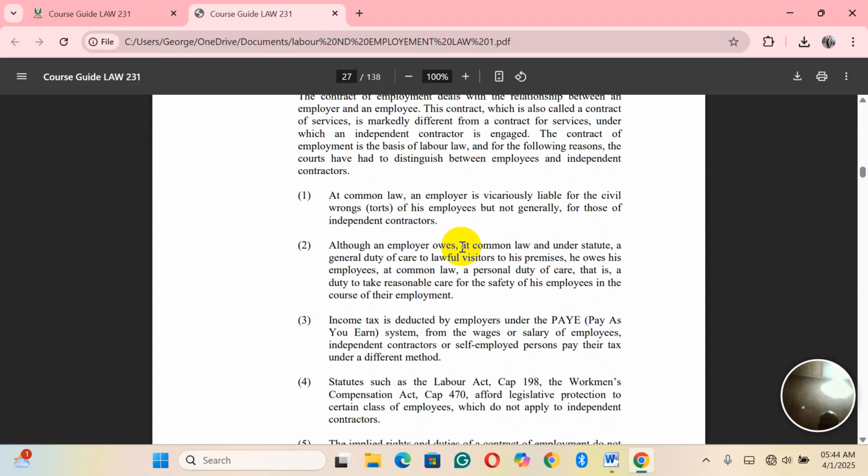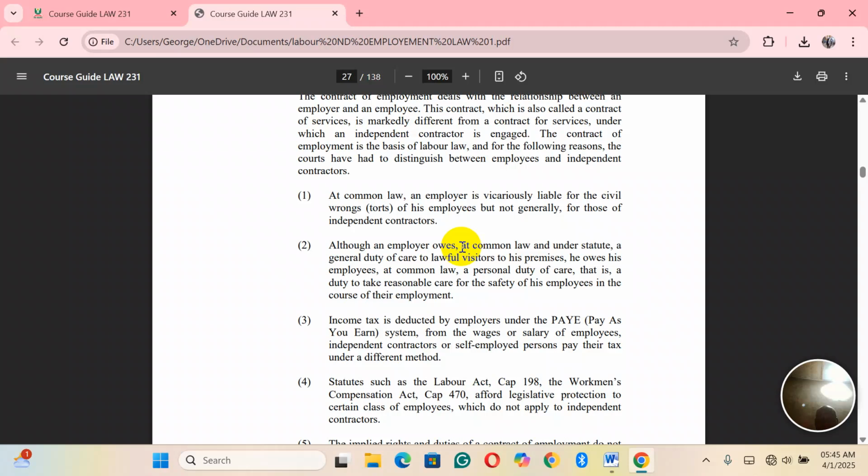Then, two, although an employer owes under common law and under statutes a general duty of care to lawful visitors to his premises, he owes his employee at common law a personal duty of care, that is, a duty to take reasonable care for the safety of his employees in the course of their employment.